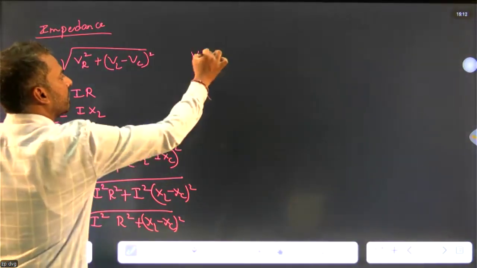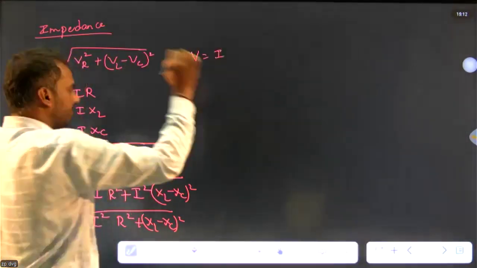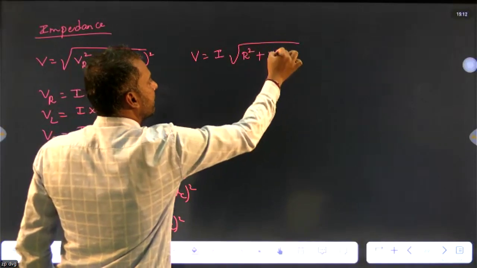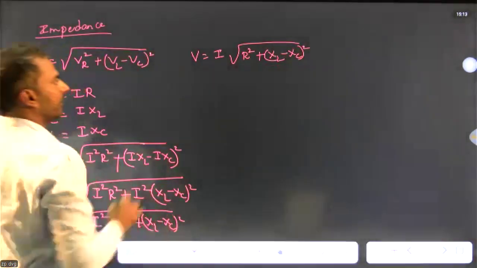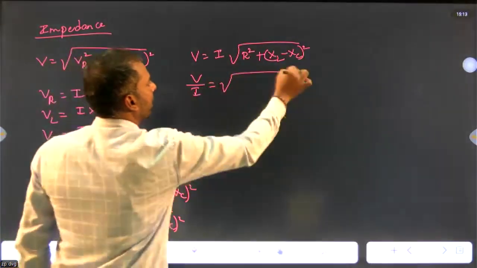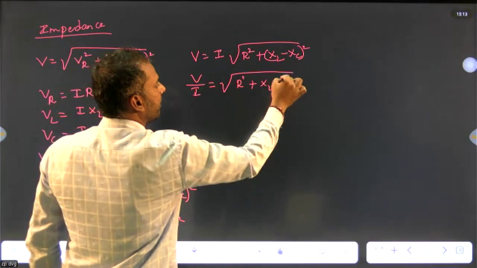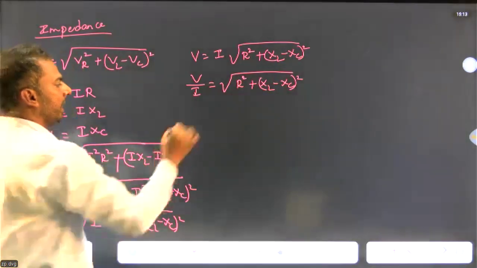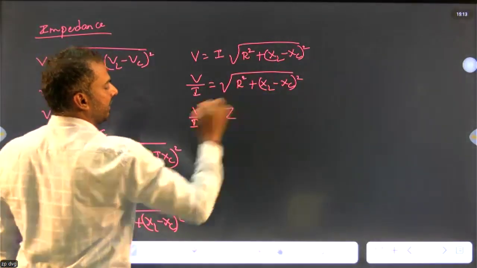Or V is equal to I into the square root of R square plus (XL minus XC) whole square. V by I is equal to the square root of R square plus (XL minus XC) whole square. What is V by I? V by I is equal to Z, impedance.